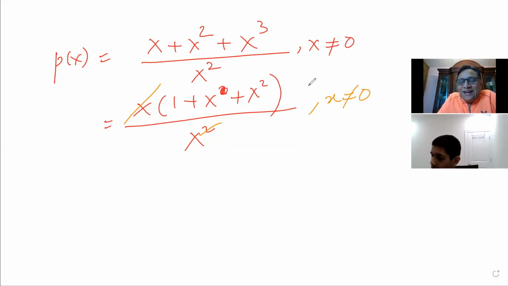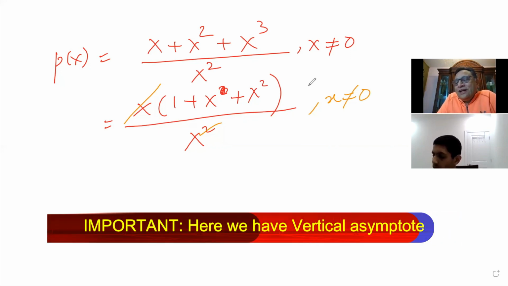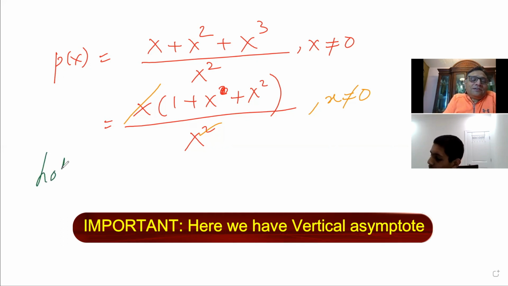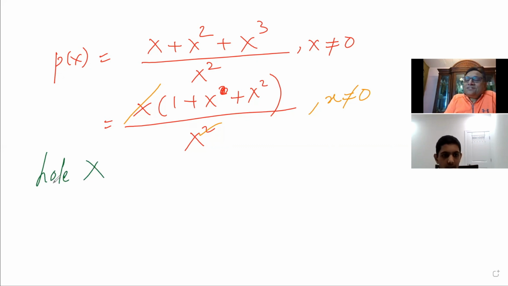So at this point 0, what do you have? Do you have a hole or do you have a vertical asymptote? I think you have a hole. No, because x cannot be 0, but the function still exists there. That means as the function approaches x equals 0, it is approaching a value which is infinitely large.